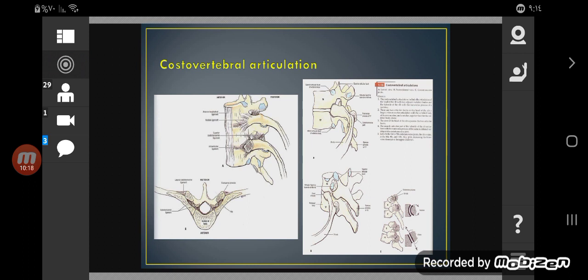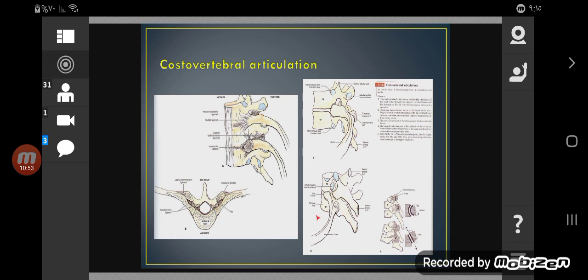And another joint between the rib and the thoracic vertebrae is the costovertebral joint. You can see the head of a typical rib articulates with two adjacent vertebrae.